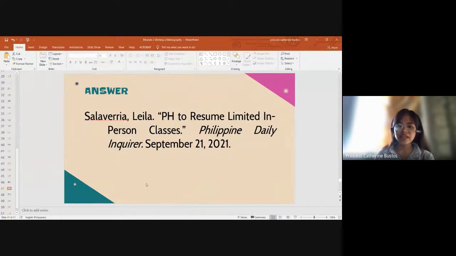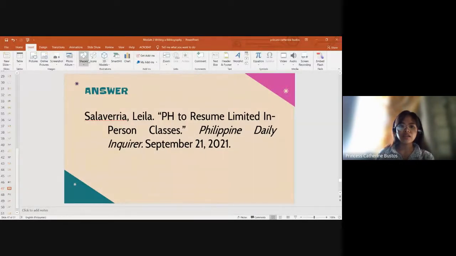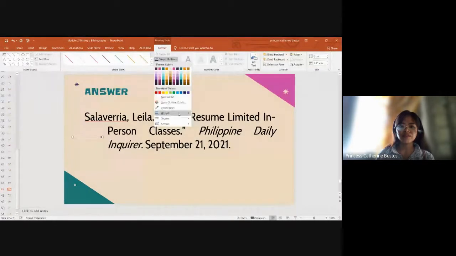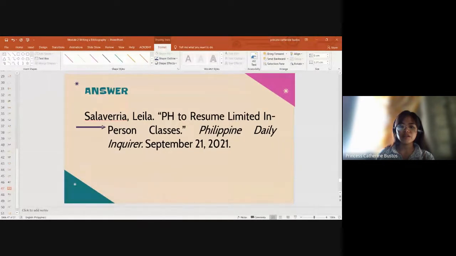Don't forget your hanging indention. Don't forget your hanging indention, okay? It's here, your hanging indention. Don't forget that. This one. Hanging indention here.